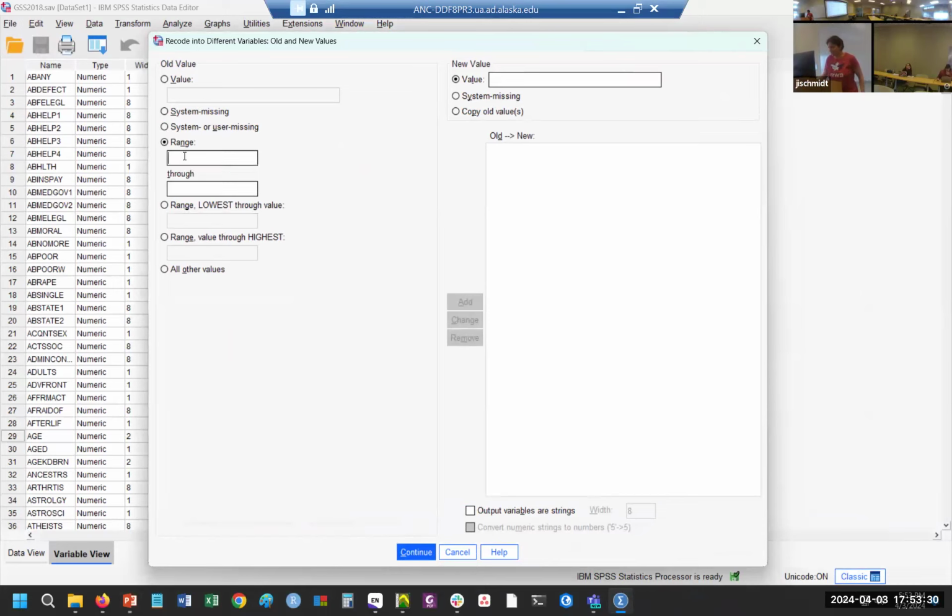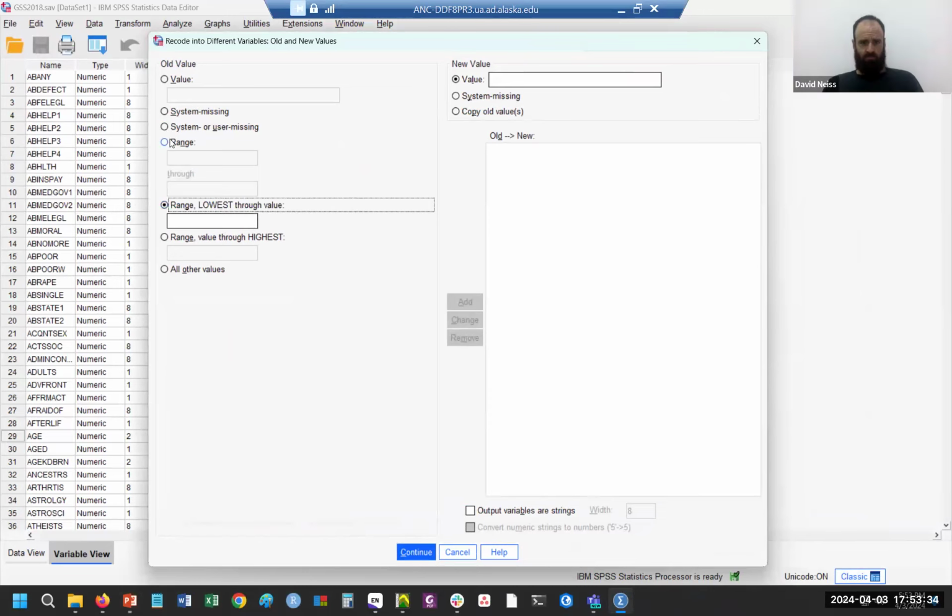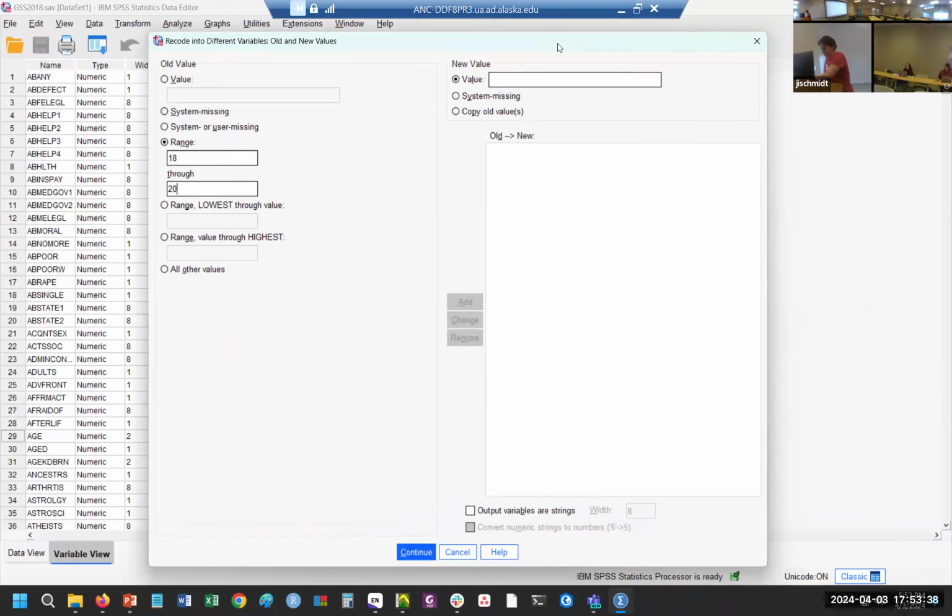Yeah, that's right, range 18 through 20. And then the value up here is 1. So new value up here. And it was 21 to 39. Yep. And the new value is 2.